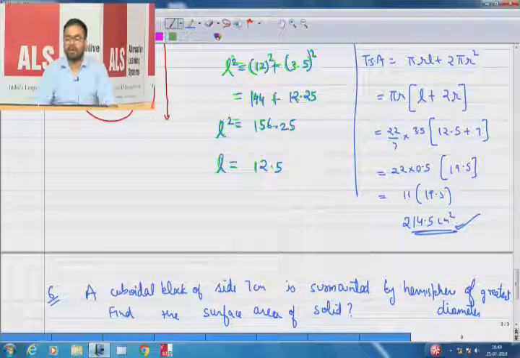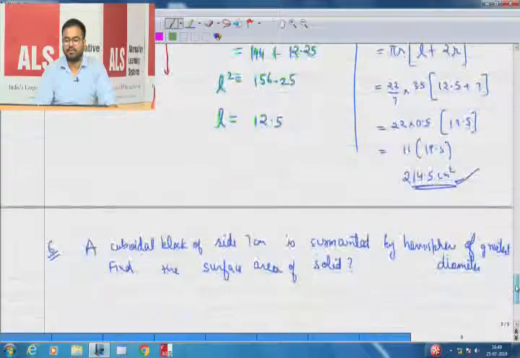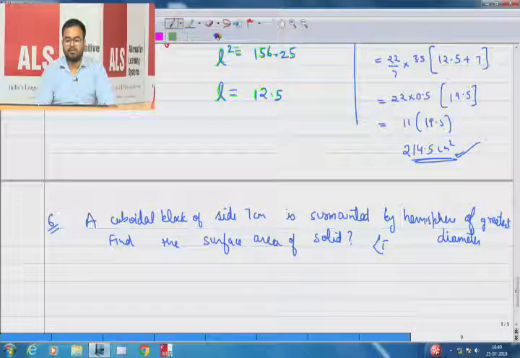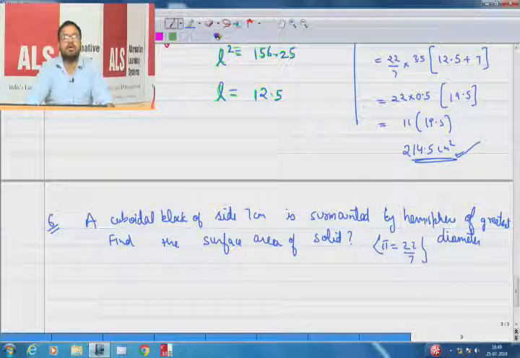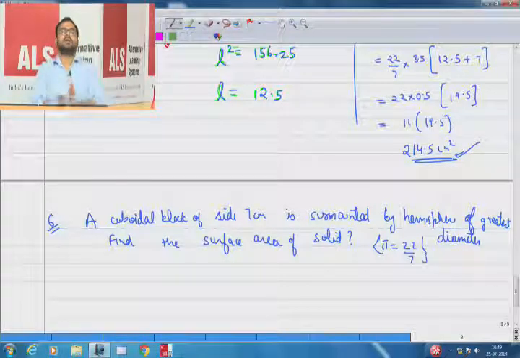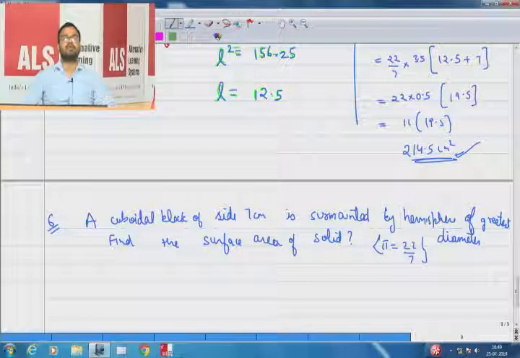And again you can use the pi as 22 by 7. And this time you have to also take into consideration the overlapping of the same area. If the same area is counted twice, you have to subtract that one once.